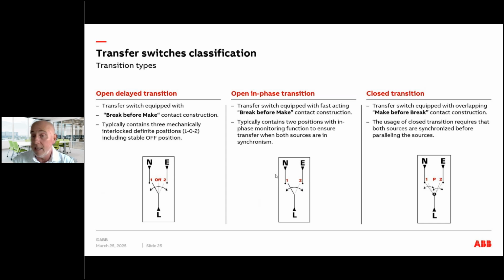So one of the main things you have to ensure when you're looking at a closed transition is that both supplies are synchronized. Again, the job of the controller is to ensure that when you switch from supply A to supply B, they are synchronized, because they will be delivering power to that load together at the same time during the switching cycle. So they're the three common definitions that we frequently come across in power transfer switching.